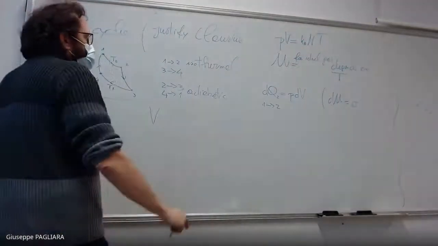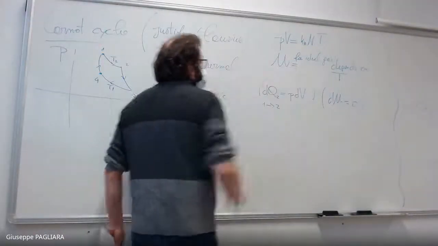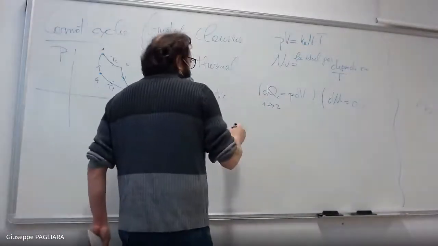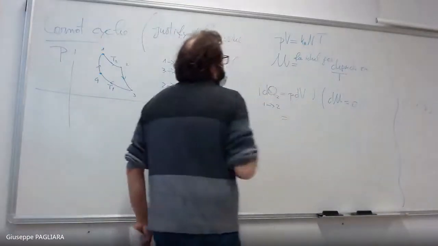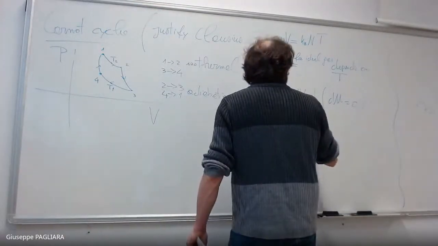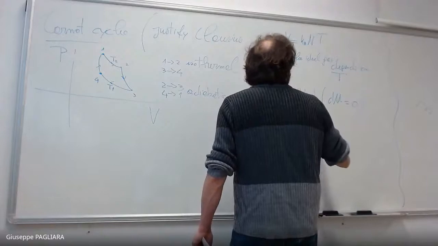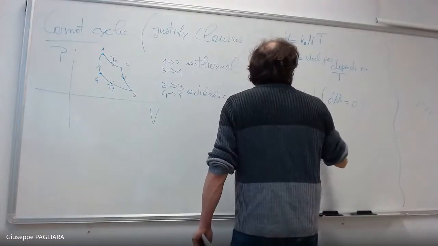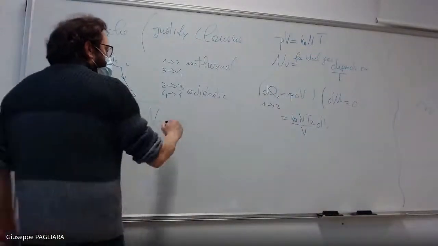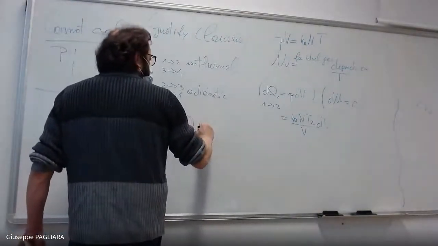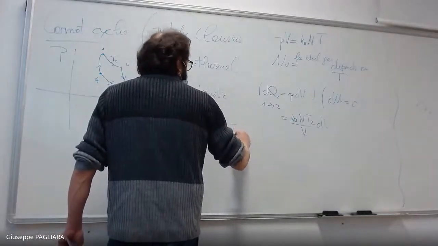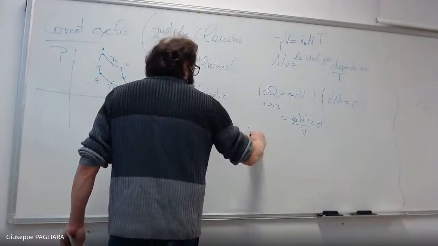Now, from this, it's easy to compute the total heat, because this PdV can be written as KB n T2 divided by volume, and here I get PV. Therefore, dQ2 is equal to KB n T2 divided by volume in dV.